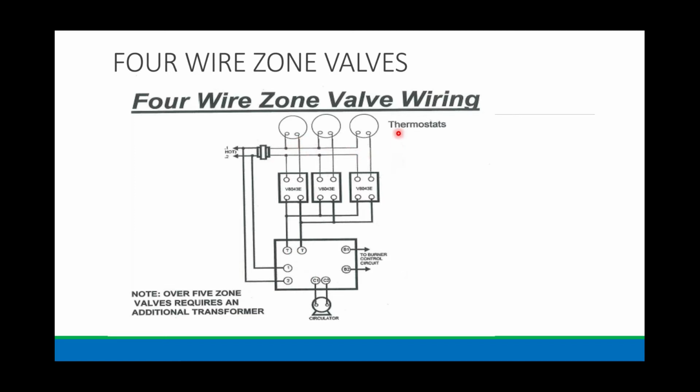They drew it in such a way that you can see each individual wire going to the thermostat. But in reality, this wire here, this wire here, and this wire here are wire nutted right in this spot. And then the wire that's coming from each zone valve motor, this one here, this one here, this one here, they're wired together at that wire nut.